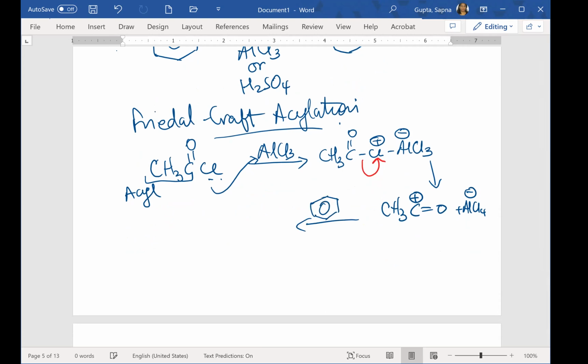In comes the benzene. I'll just write the final product.